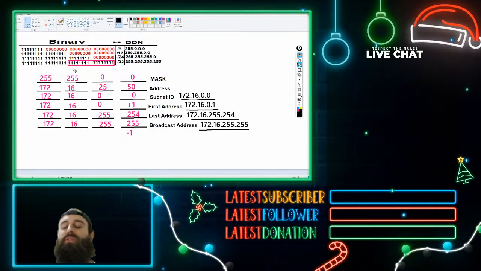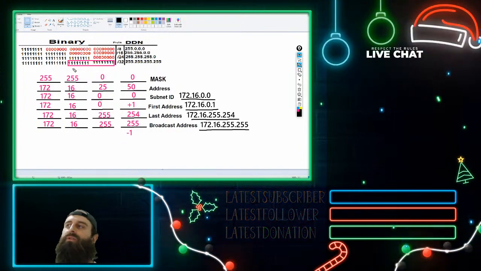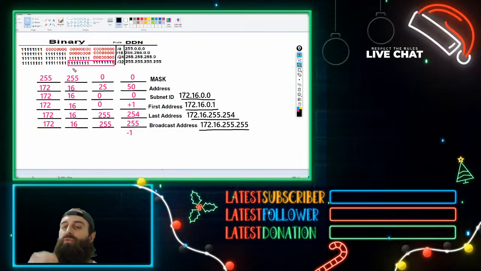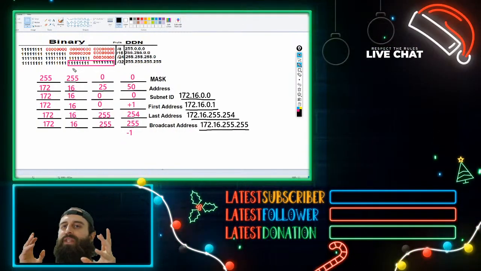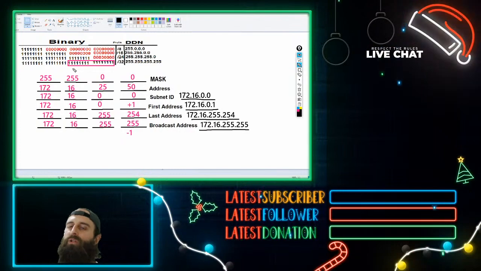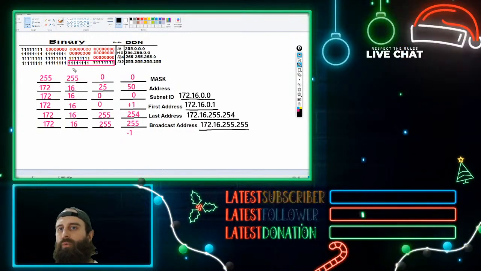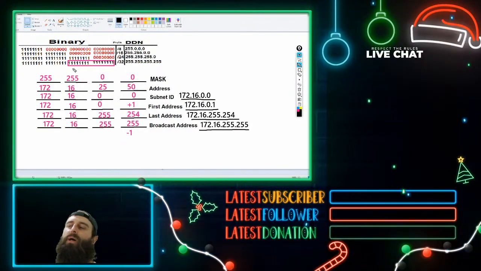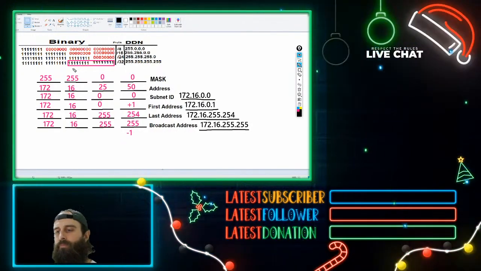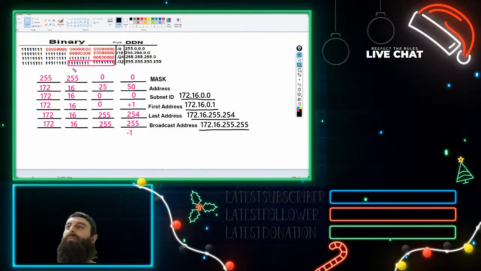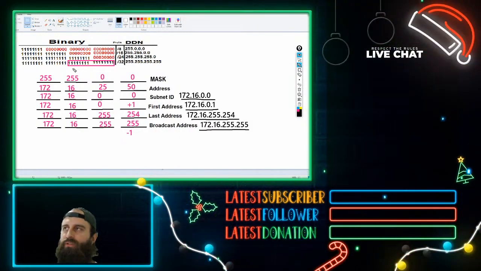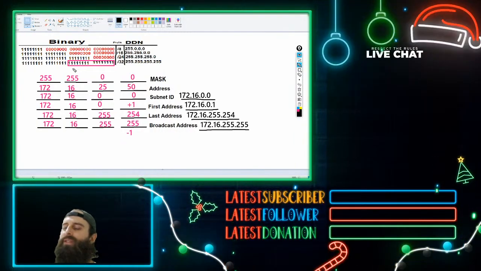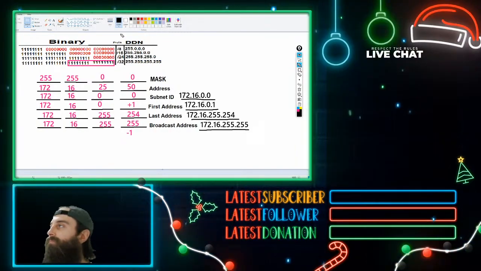Those are the easy subnet masks to create this formula for subnetting. Once we get to the harder ones, it's not that it's harder, it's just that we have to do some math to figure out those subnets. But for now, we're going to keep with the easy ones so we can figure it out together.